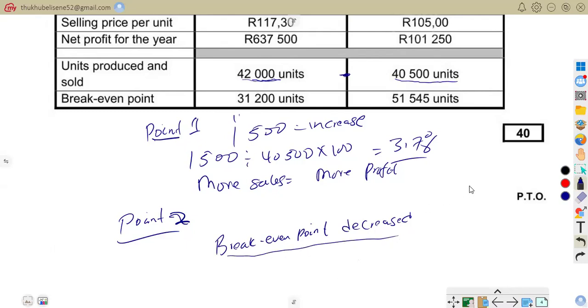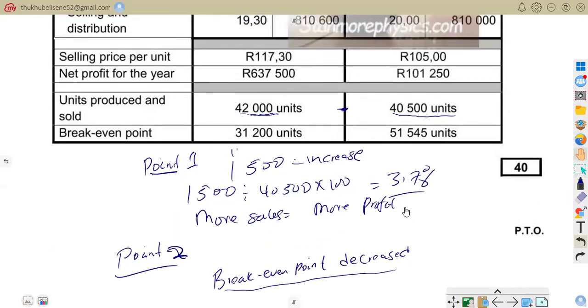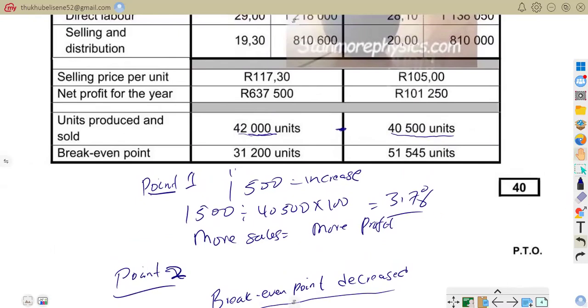Let us go to our break-even point. In 2024 it was 51,545 units, but it decreased in 2025 to 31,200. So how much is our decrease?